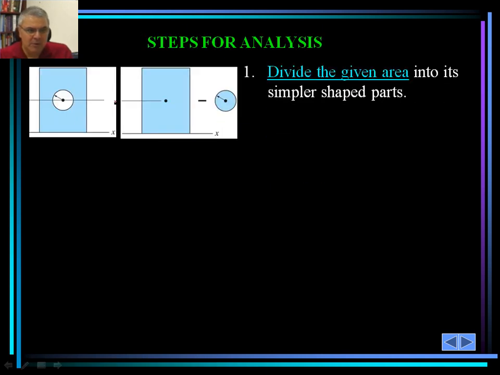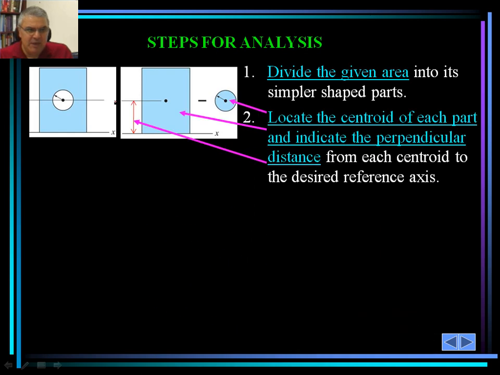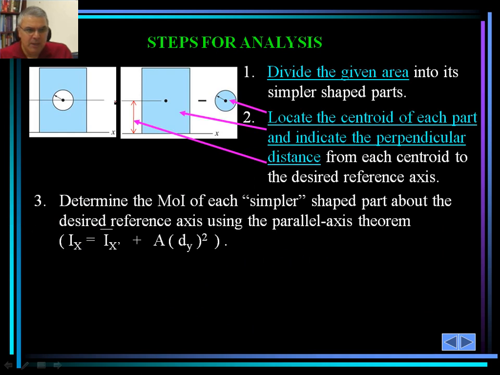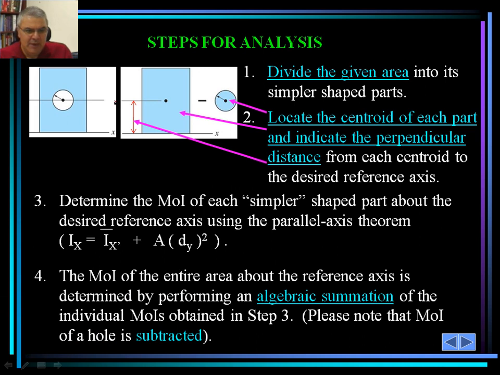So let's look at some of the steps. We divide the areas. We locate the centroid of each part, and we use the parallel axis theorem, and we then calculate the moment of inertia of the entire area about the reference axis by forming an algebraic summation of all these individual areas.